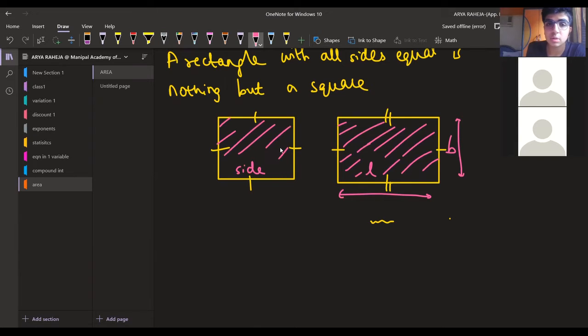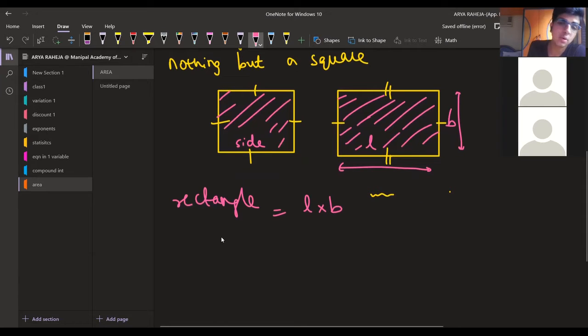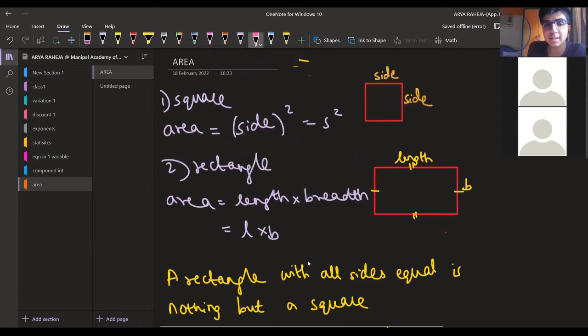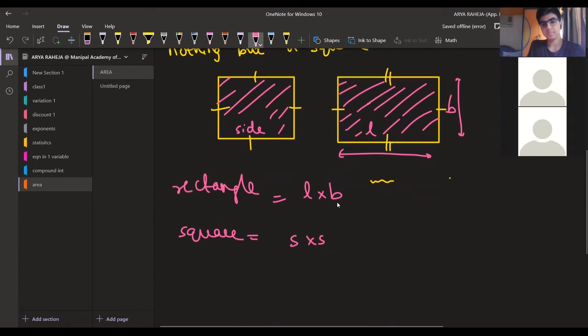So let's see. In a rectangle, the formula is length multiplied by breadth, right? And in a square, the formula is side multiplied by side. Side square is nothing but side multiplied by side, right? ये दोनों formula में कुछ similarity दिख रही है.